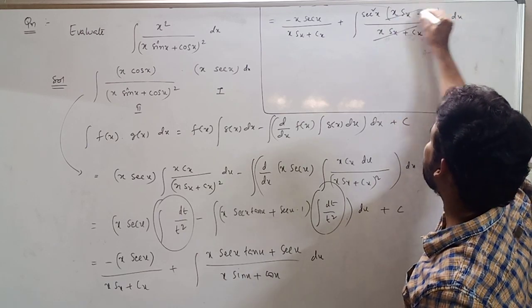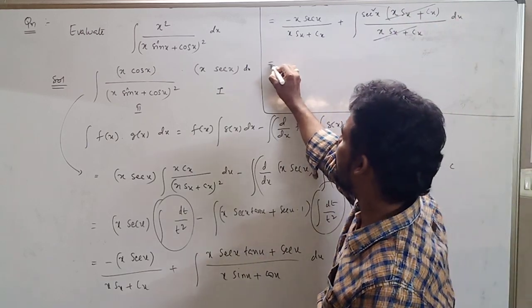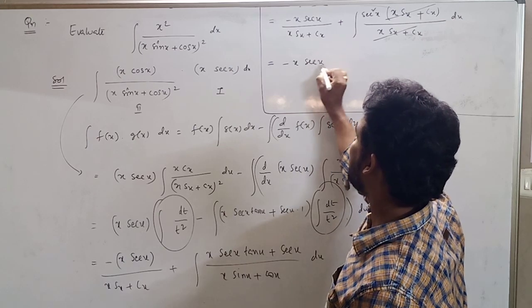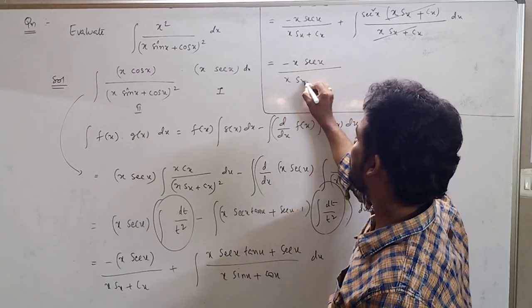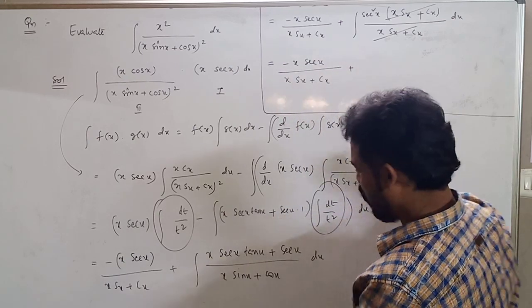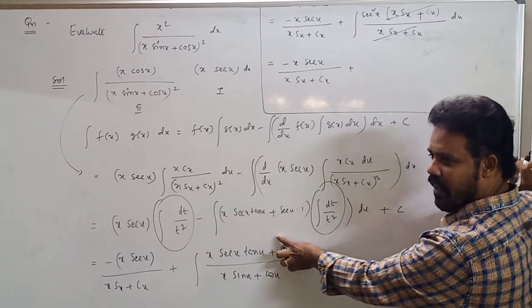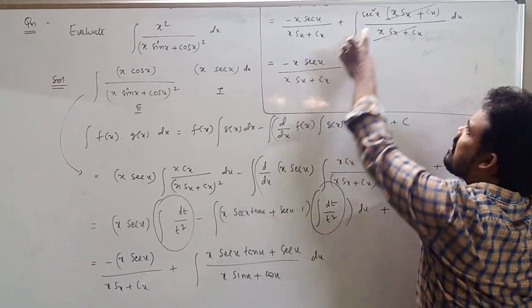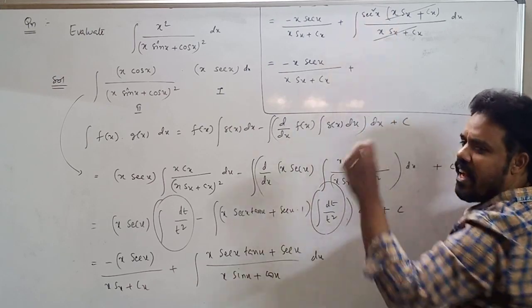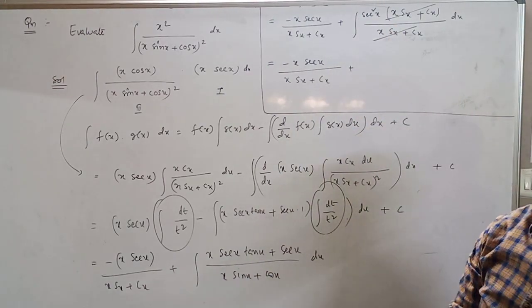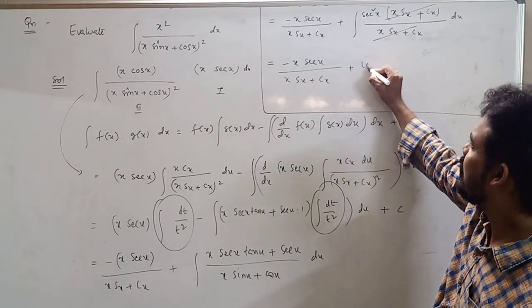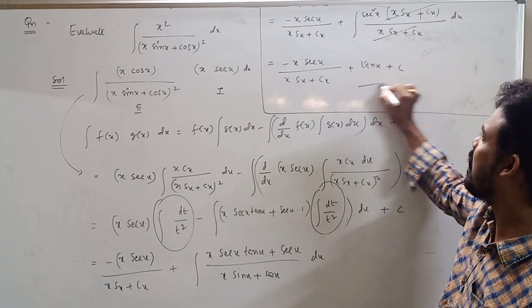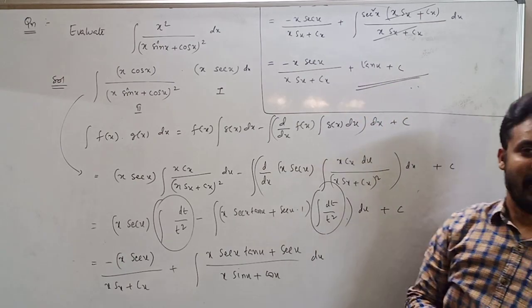Now these two get cancelled. Now the answer is minus x secant x by x sin x plus cos x. To get this term cancelled in the numerator, for that I have taken secant square x common. That is the only idea. Now what is integral secant square x? Tan x. Therefore tan x plus c is the answer.